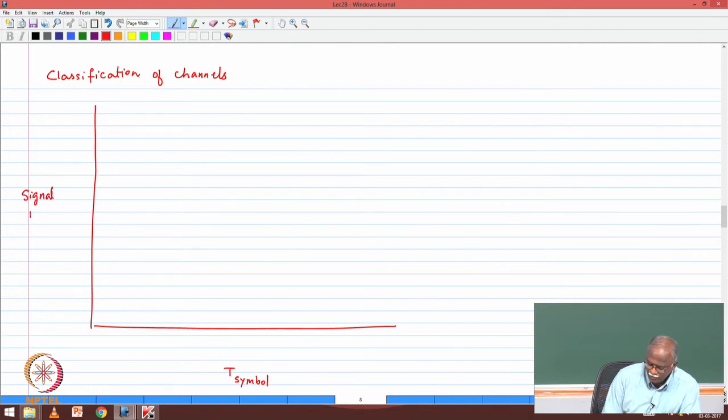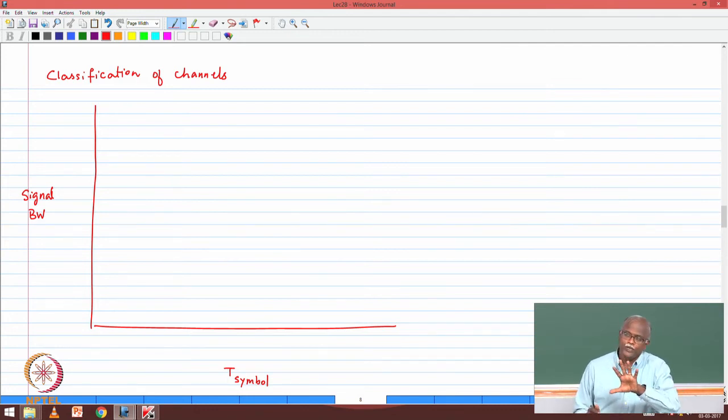So it's a frequency characterization, frequency perspective. Of course, the symbol duration and the signal bandwidth are related. If you reduce the symbol duration, bandwidth will increase. So again, keep in mind that these are not unrelated things, but for the purposes of characterization, this is what we would like to have in our understanding.